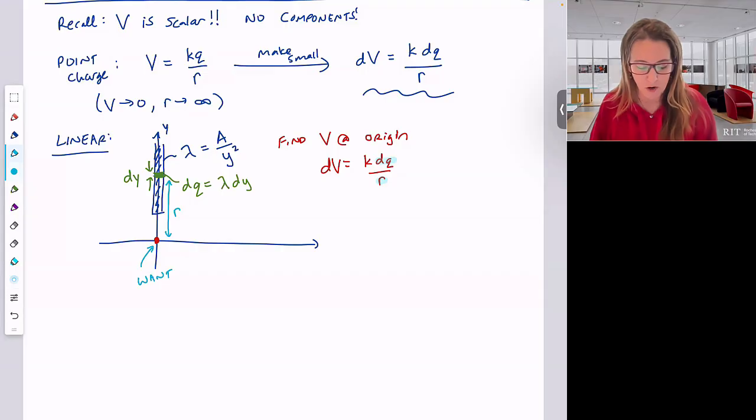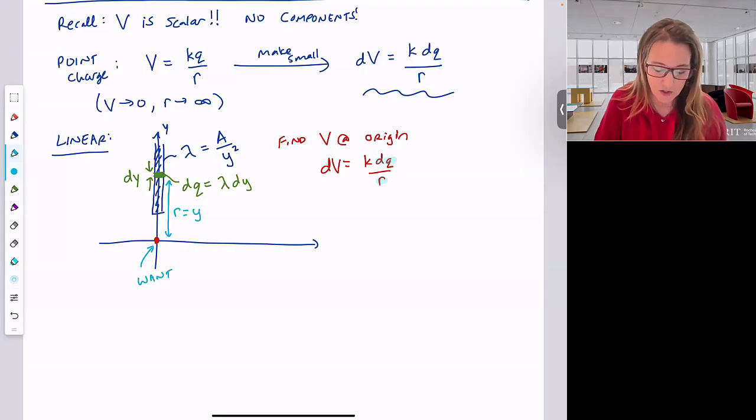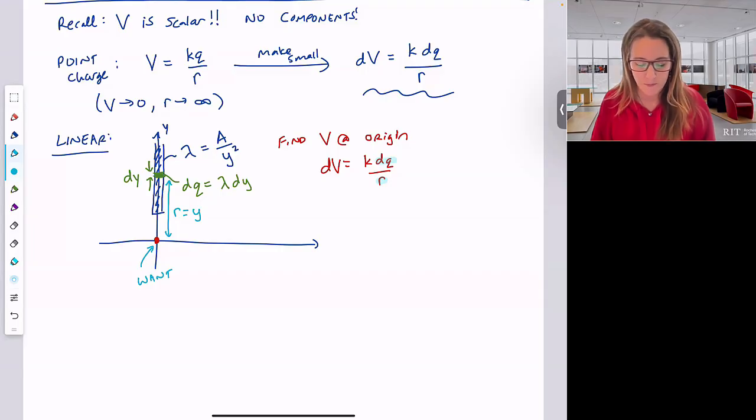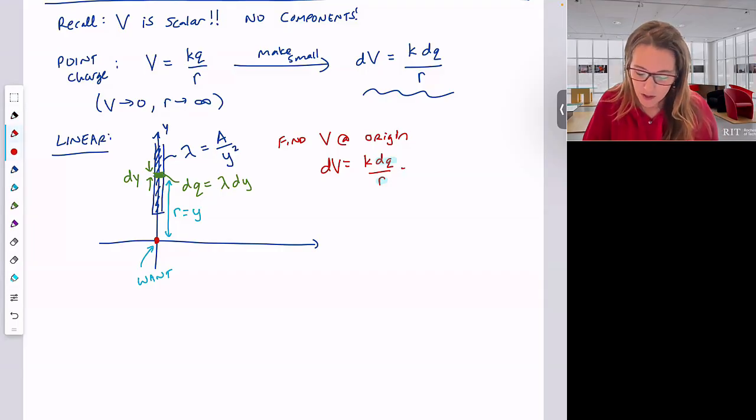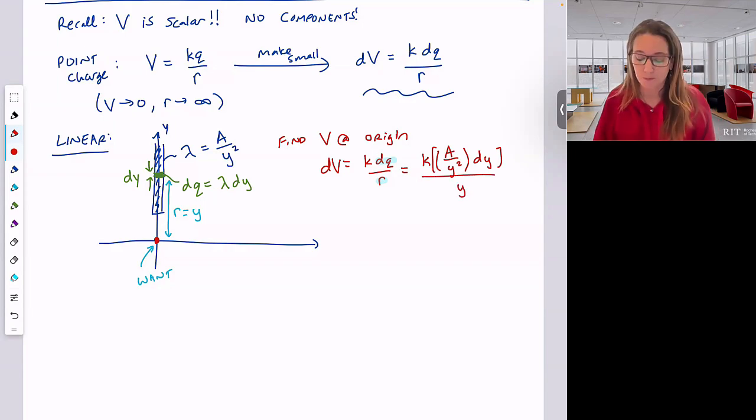So that is going to be my R. And we can see that in this case, because I'm looking at the origin, R is just equal to y. So I can write these out and say K lambda, and I'm going to plug in for lambda, A over y squared, and then dy. So that's my dq all over R, which is equal to y.